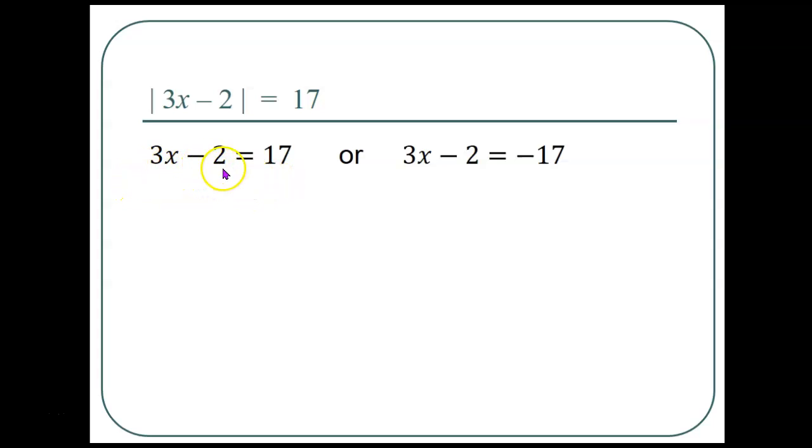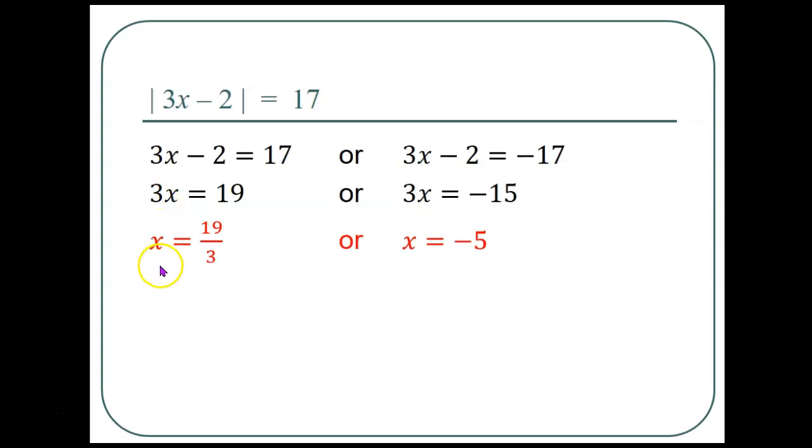So go from 3x minus 2 to just 3x by adding 2 to both sides, and then go from 3x to x by dividing both sides by 3. With the first equation, we end up with x equals 19/3. And with the second equation, we added 2 to both sides, and then we divided both sides by 3, and we got x equals -5. So there's the two solutions, 19/3 or -5.